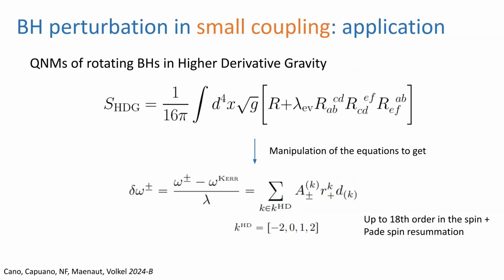Okay, so higher derivative gravity. Now I'm showing you only one of them, with 5 different ones, but they all, as I said, include corrections to the Einstein interaction, including couplings between the Riemann tensors, cubic or quartic.